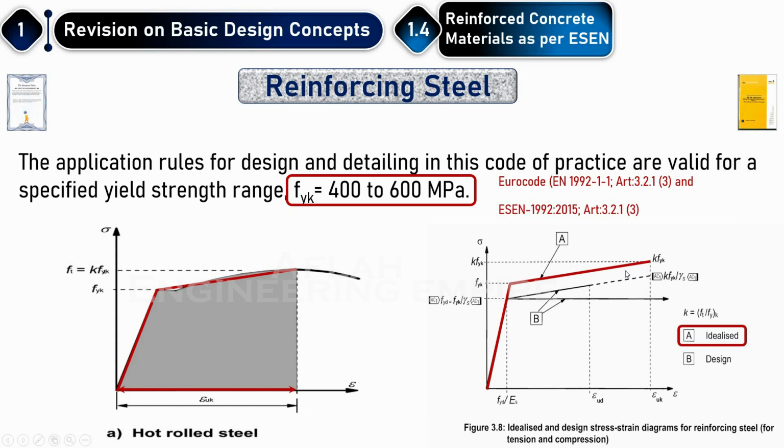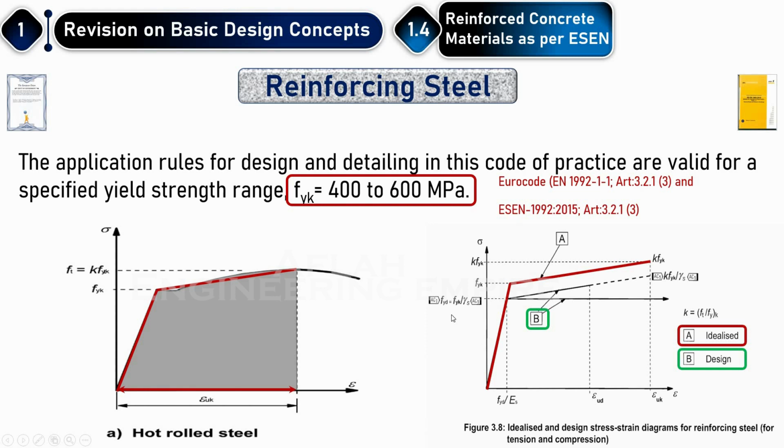If we divide this curve by the factor of safety, we will go down by some distance, somewhere here. Now, for design purposes, this curve can be used, or this curve can be used.